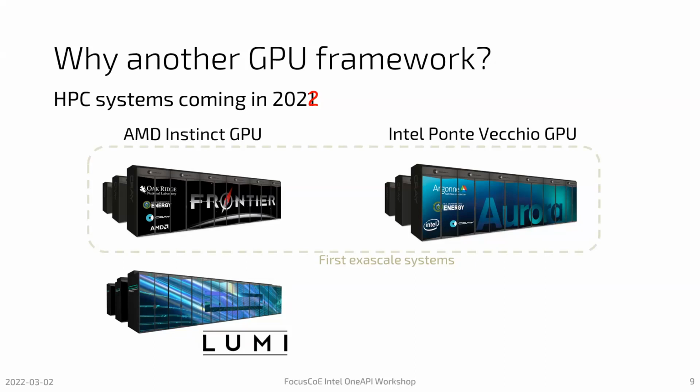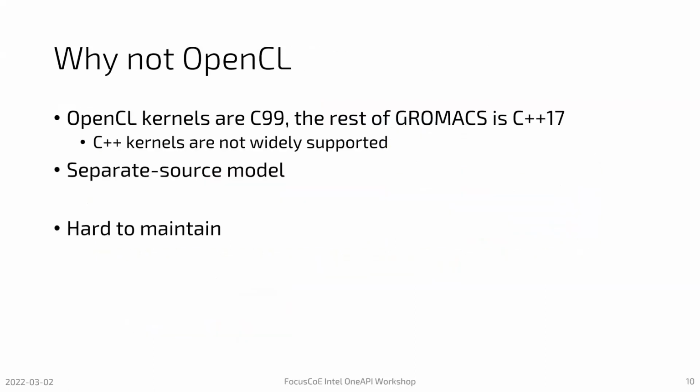Of course, first you might think that we had OpenCL, maybe we should develop that. The problem is that OpenCL is not too great. As I mentioned, our code base is C++17, while widely supported OpenCL implementations, especially in early 2020, only handled C99.